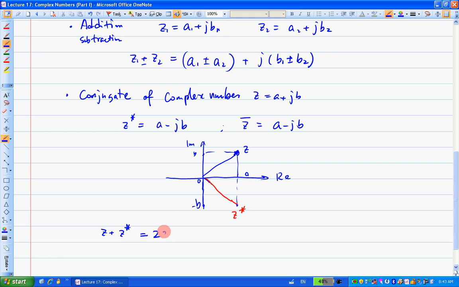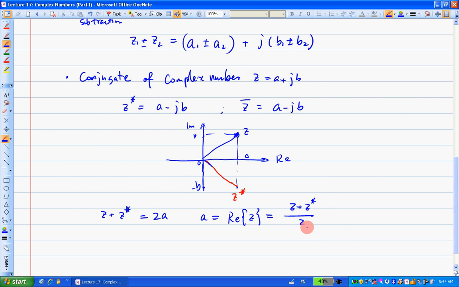So you have 2A over here. Okay, you have 2A. So in other words, now I can find my A, right? And what's A here? A is what we call the real part of this complex number. So A is basically the real part of the complex number, and that equals (Z plus Z star) divided by 2. Okay. So that's the one little fact that we find out here.